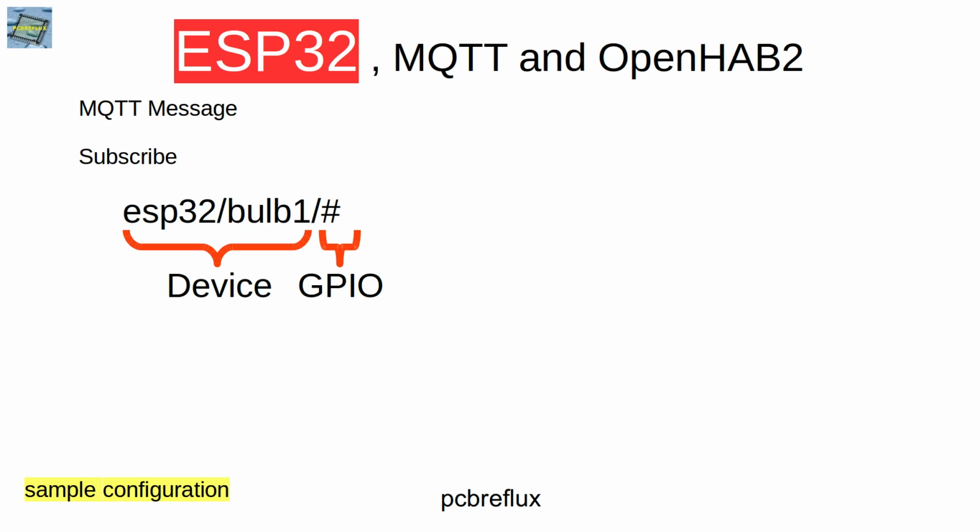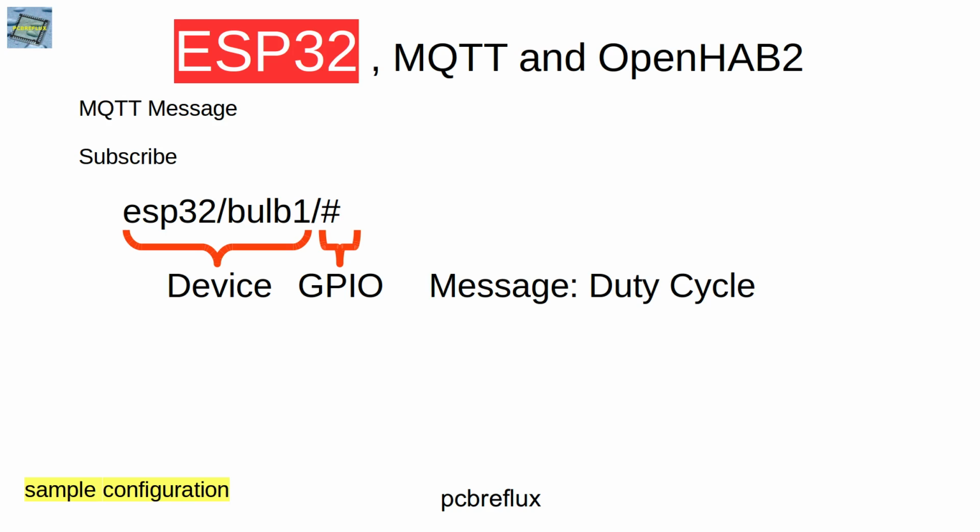I use an array to identify the GPIO port, so it just continues by 0, 1, 2, 3 and so on. And then the message is only the duty cycle for the GPIO port.